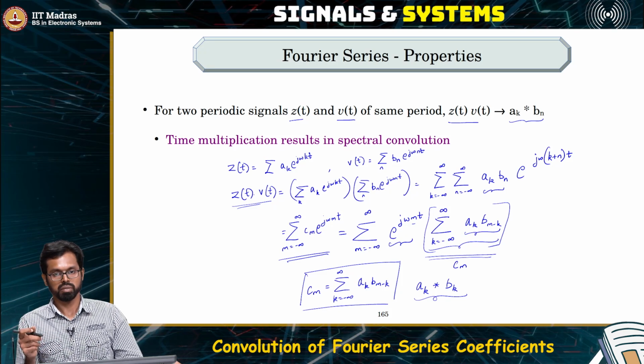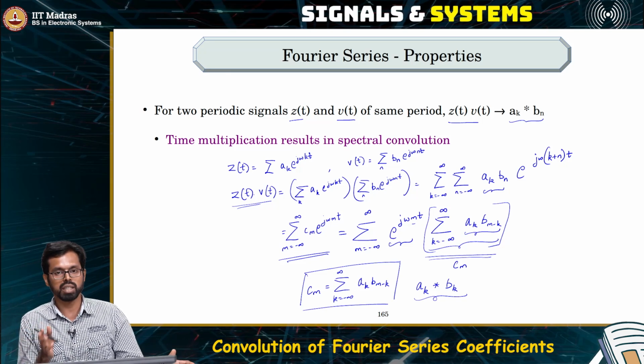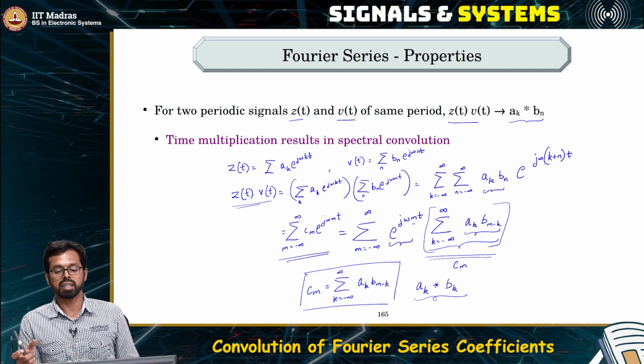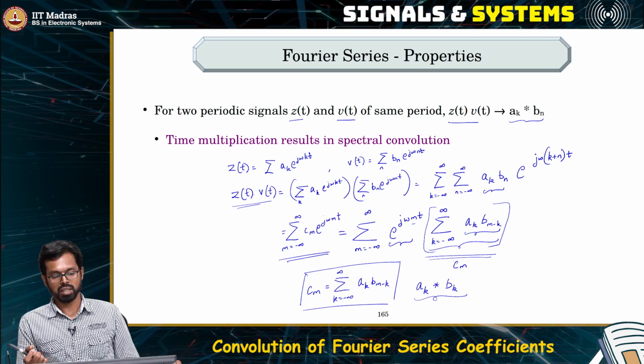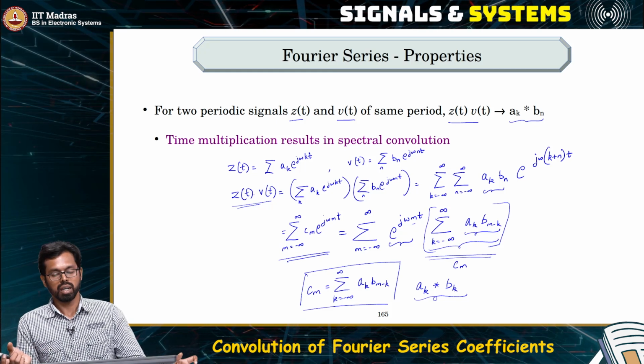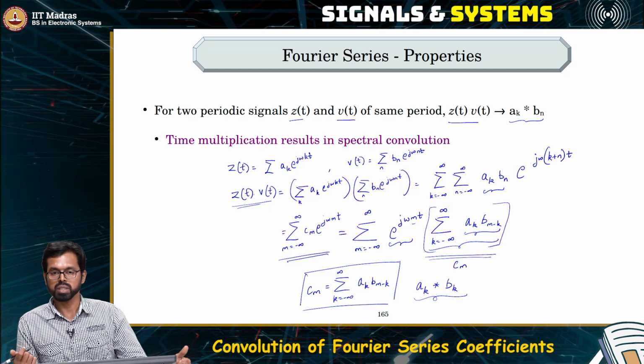So remember when we said the convolution, the maximum length after convolution is the sum of the individual lengths. Which means the bandwidths here can increase when you convolve, and hence when you multiply two periodic signals, the bandwidth can actually end up increasing. So this is the interesting insight that we get from this analysis.